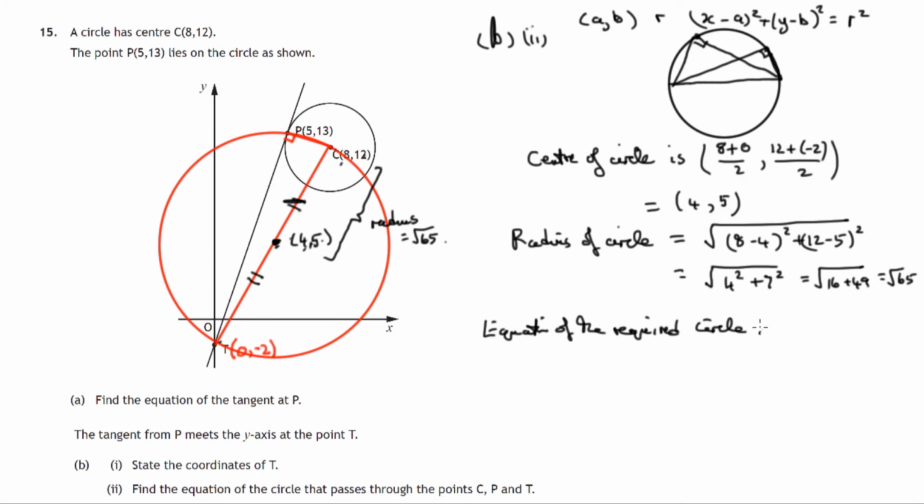So the equation of the required circle is x minus 4 all squared, plus y minus 5 all squared, equals root 65 squared, which is 65. So that's the equation of the circle that we were asked to find, the one that passes through C, P and T.